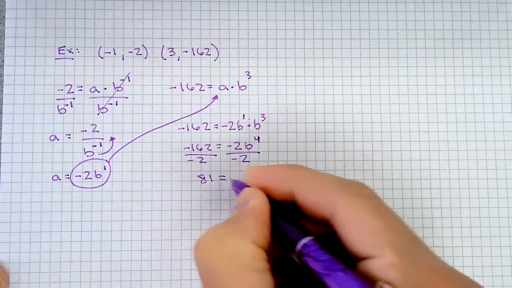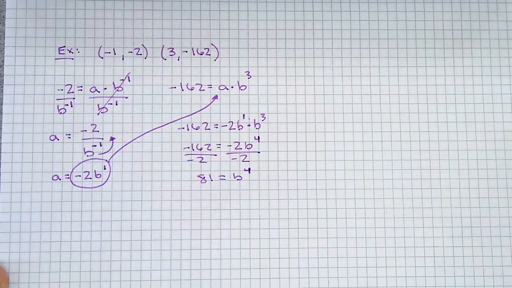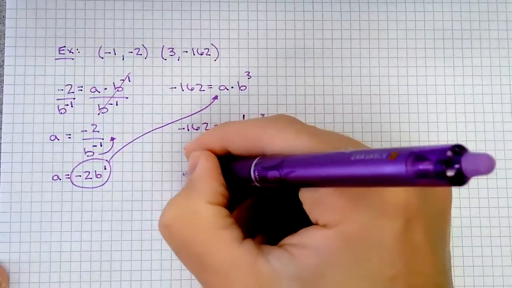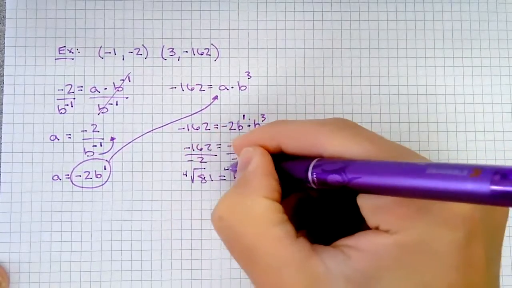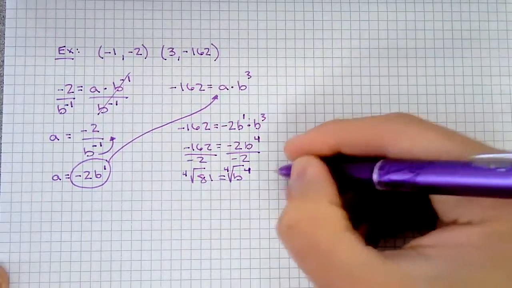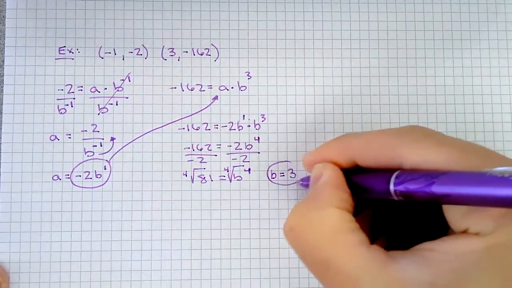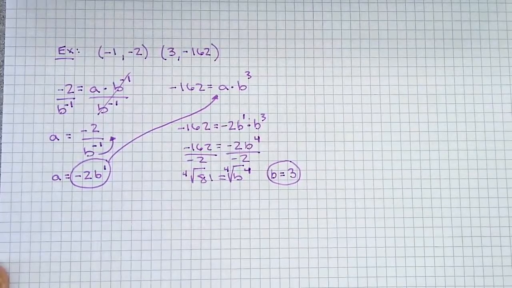Divide both sides by negative 2. So now I have 81 equals b to the fourth. Take the fourth root of both sides. B ends up equaling 3.